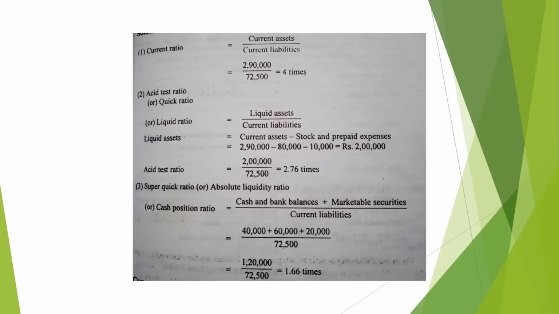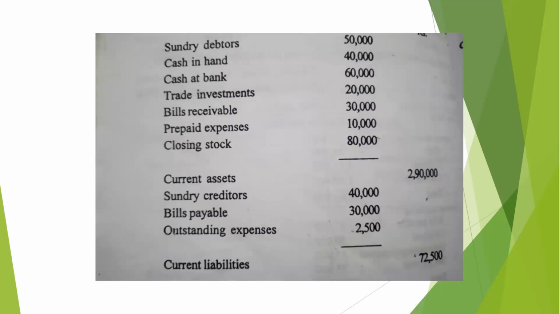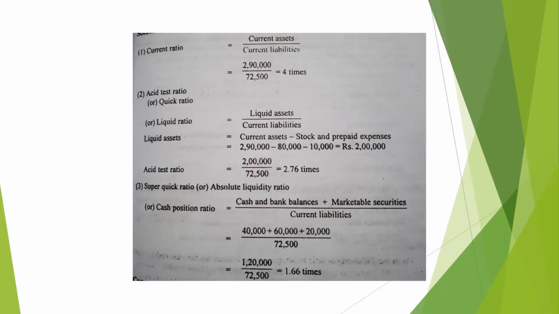Next, third one is absolute liquidity ratio or cash position ratio, also known as super quick ratio. So here we want to add cash, bank balance and marketable securities. So cash in hand is 40,000, cash at bank is 60,000, then trade investment is 20,000.